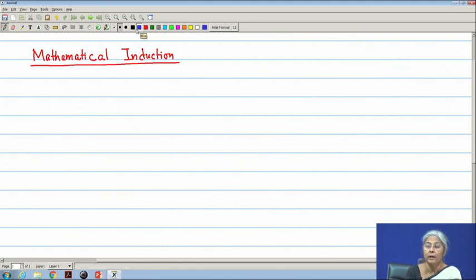Suppose we have a sequence of blocks numbered 1, 2, 3 like that.